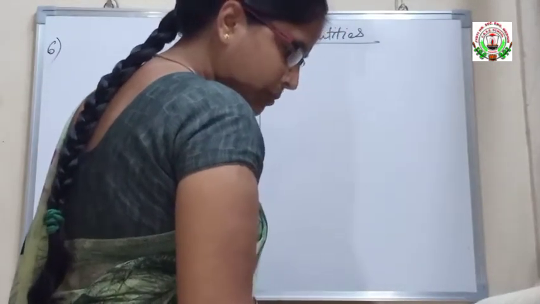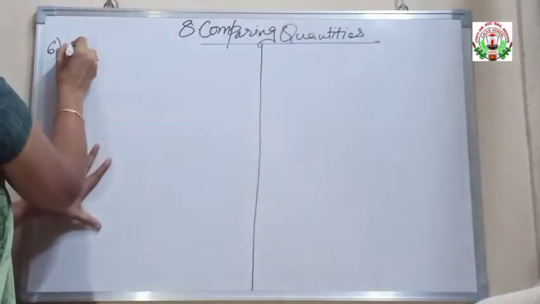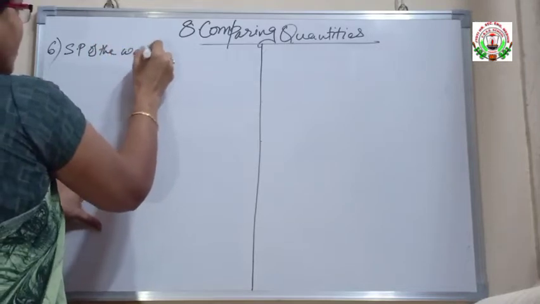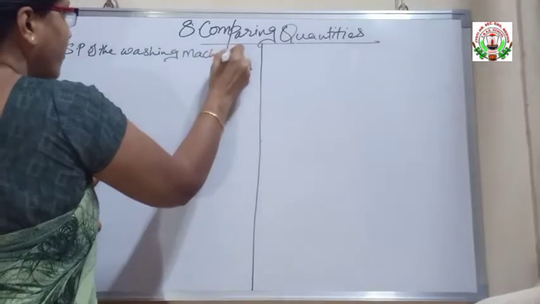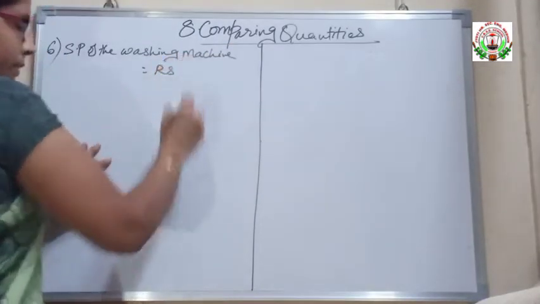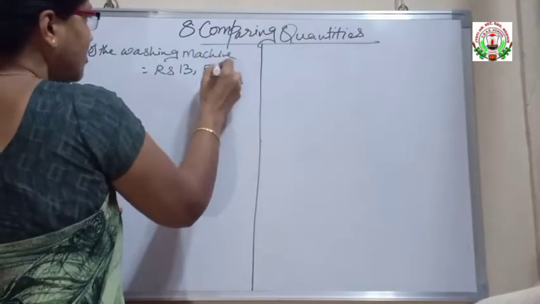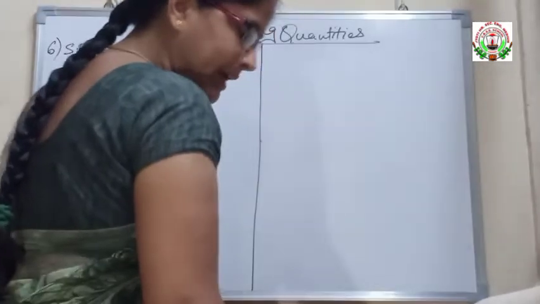John sells a washing machine for, means selling price of the washing machine is given. So SP of the washing machine is equals to rupees 13,500. She loses 20%.